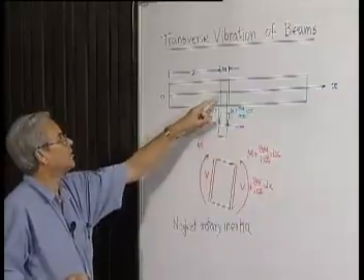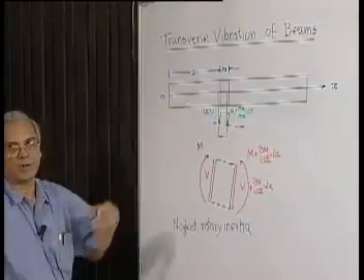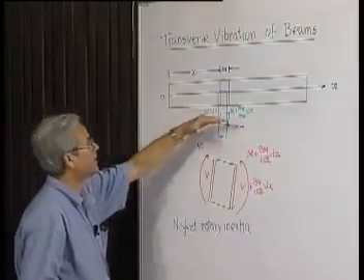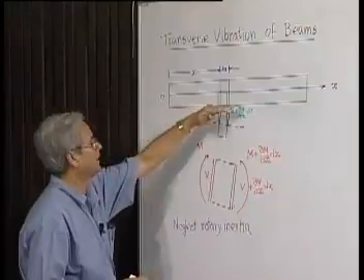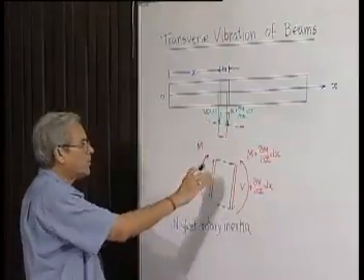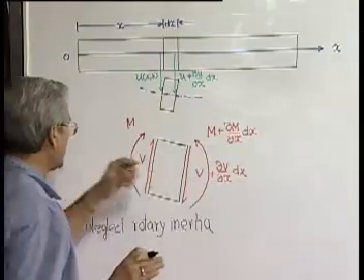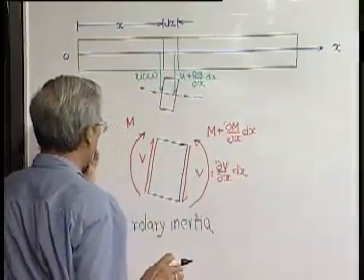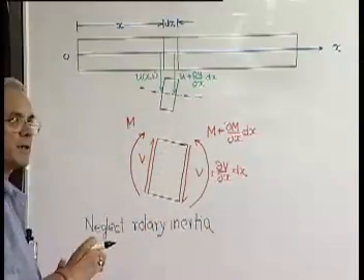So this u is very small, it hardly moves too much away from the original location, and the slope of the bending is also very small. Therefore the angular motion of the element is ignored. If this rotary motion is ignored, then the total moment it is subjected to must be 0.